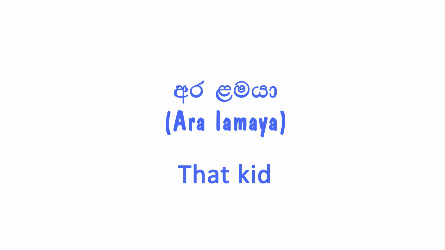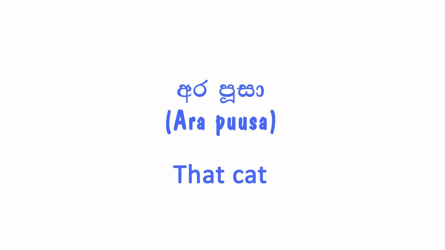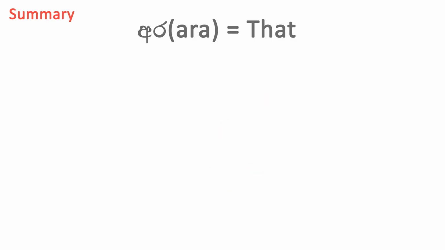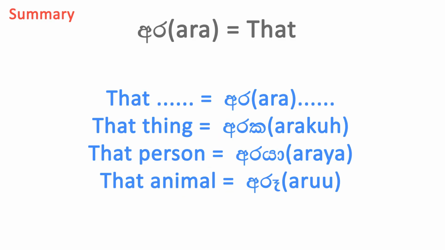As an example, ara lamaya, that kid. Ara pusa, that cat. And remember what type of situations you can use this word ara. The summary of the word ara is like this. Ara means that, arakuh, that thing, araya, that person, arakuh, that animal.